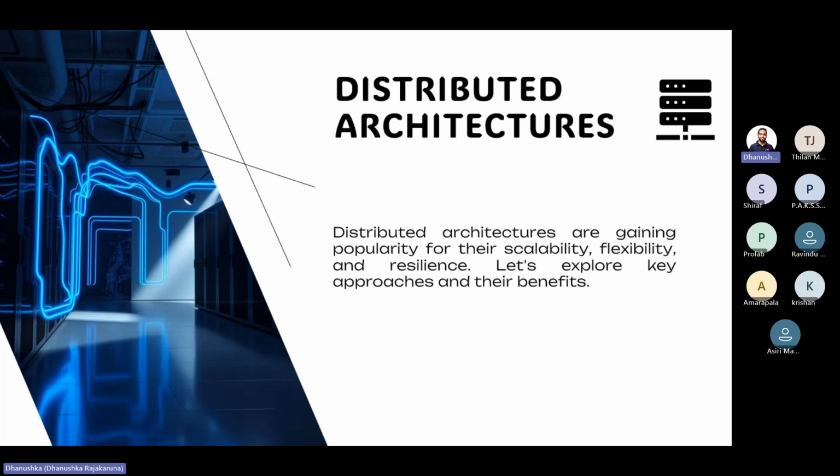Now I will talk about the key characteristics of distributed architectures: decentralization, scalability, fault tolerance, resource efficiency, and so on. What does decentralization mean? Components operate independently and communicate over a network rather than relying on a single server.